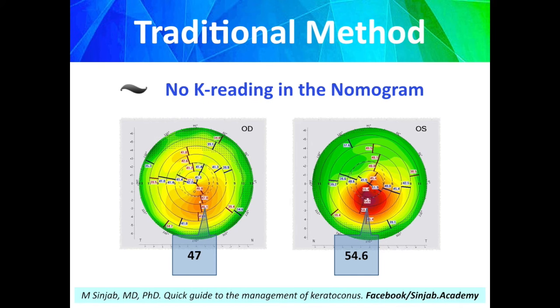Of course, I cannot deal with these two corneas similarly. A cornea with 47 diopters of maximum K reading will present a response that is different from another cornea having almost 55 diopters of maximum K readings. So I have to consider the K readings in my calculations.